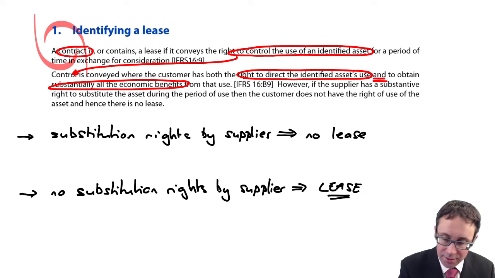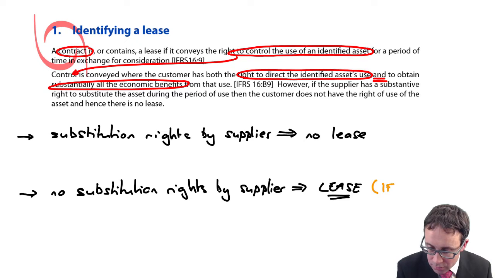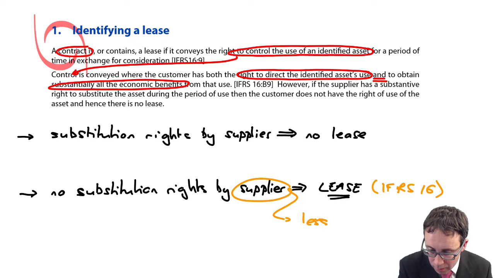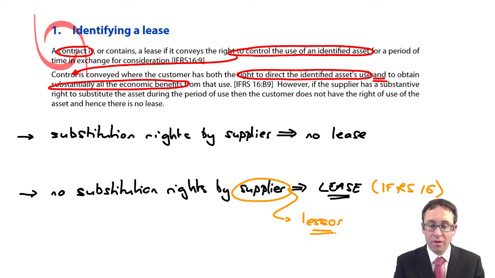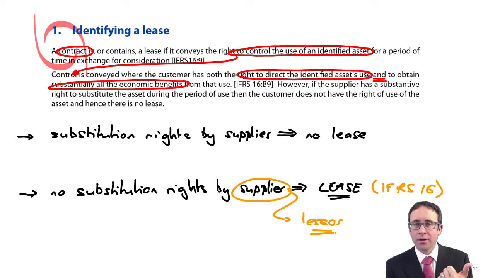If that's the case, we're going to use IFRS 16, and that supplier will become the lessor, and the person who's making the payment is the lessee. Now that's the rules. So you need to think about control.